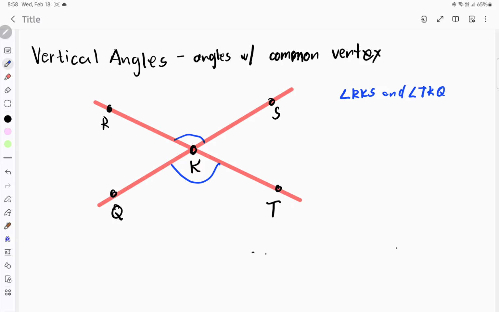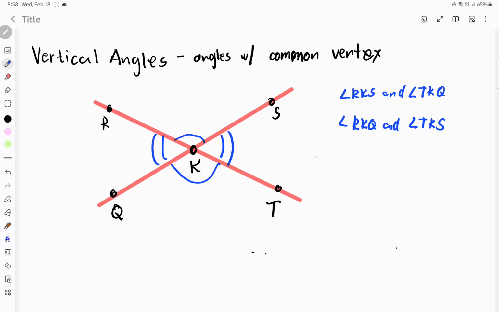They are vertical. Another pair of vertical angles is angle RKQ and angle PKS. So those are vertical angles.